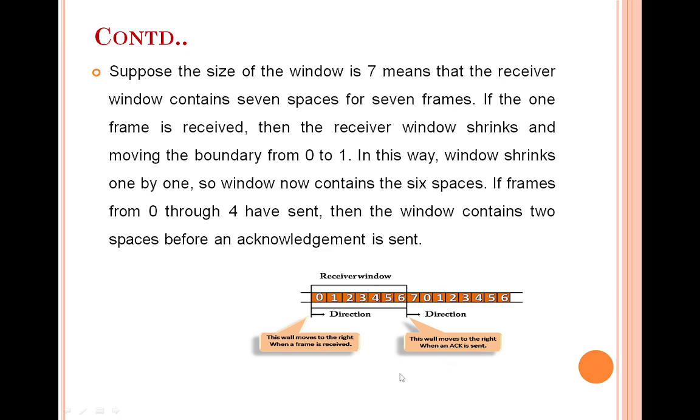At the receiver side, the wall moves to the right when the acknowledgement is sent. Like this, from the sender side and receiver side, the sliding window shrinking and expanding will happen based on the successful transmission of data frames.